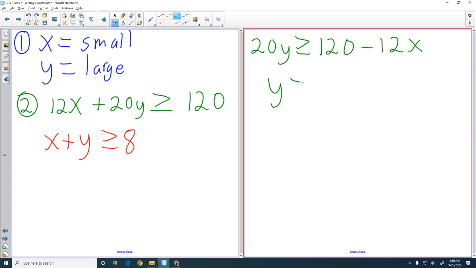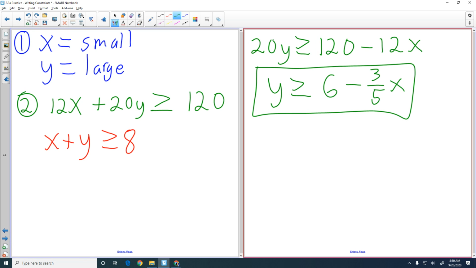So y is greater than or equal to, well, 120 divided by 20 is 6, minus 12 over 20, that's going to be a fraction, and 12 and 20 are both divisible by 4. So we can simplify that to 3/5 x. So this is what we would use to actually graph that constraint, to graph that inequality.